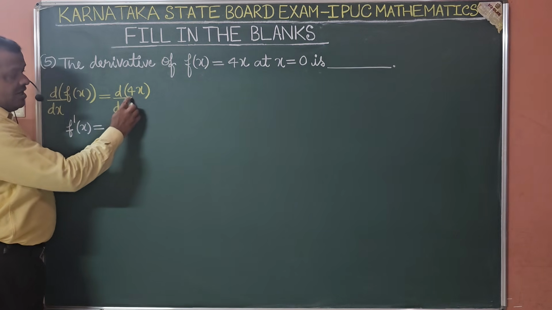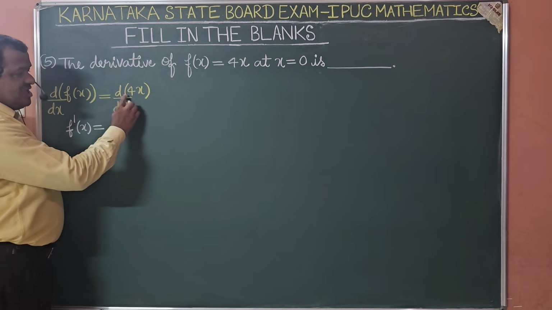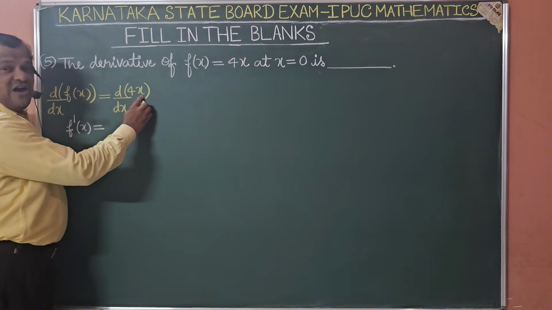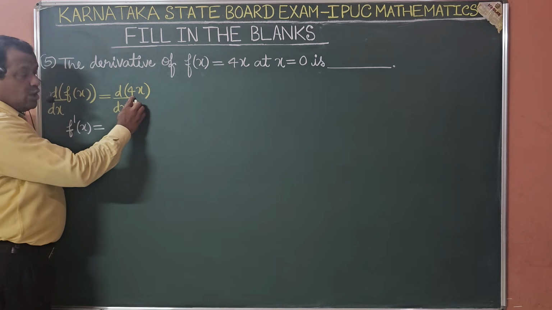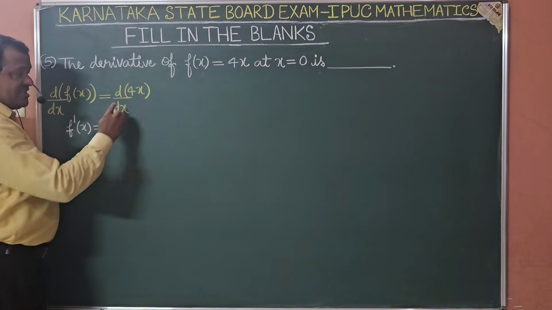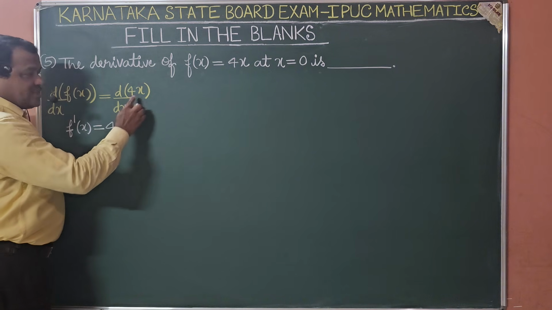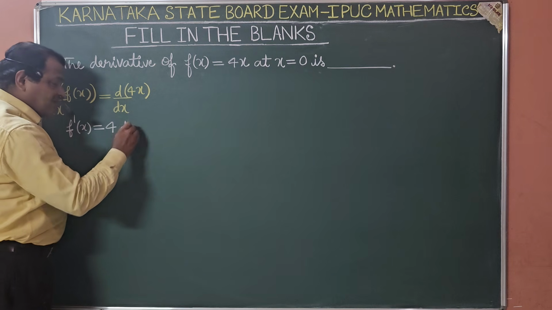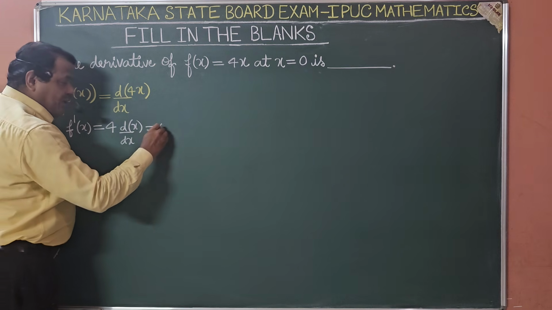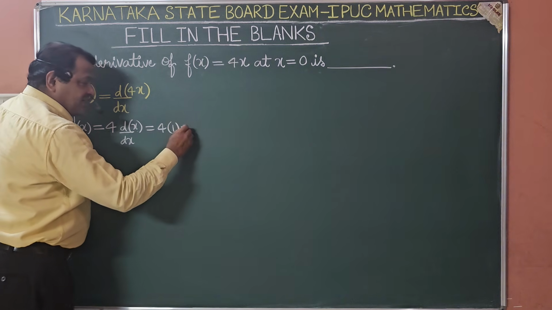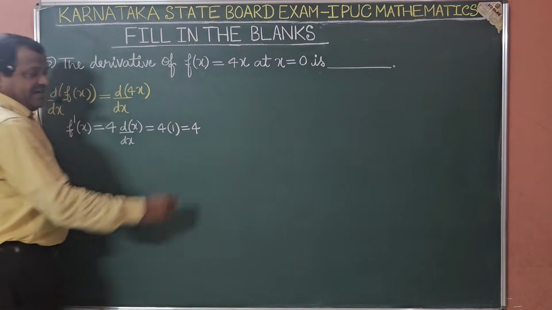This is like the second rule of differentiation, d by dx of a constant 4 into a function of x, that is x only. Therefore the rule says the constant remains as it is, constant 4 itself, into d by dx of the function, that is x, d by dx of x. Therefore 4 into d by dx of x, which is 1. Therefore 4 into 1, 4 it is.